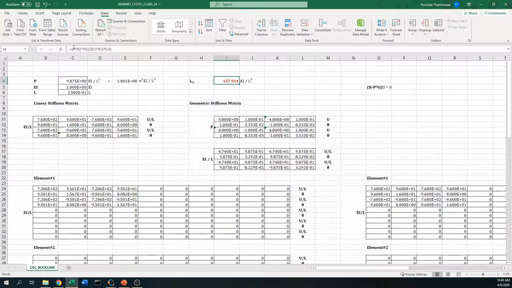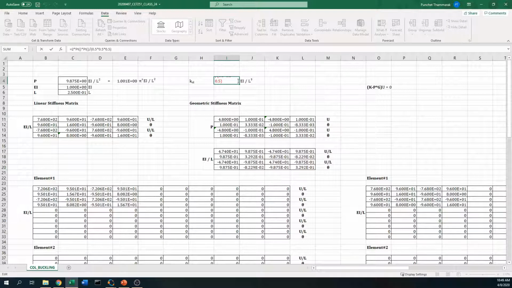So 2 times PE. PE turns out to be pi square EI over L square, right? And when you want K ideal, you take PE divided by another L.